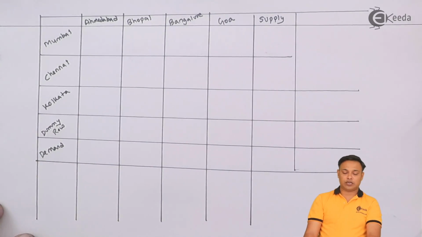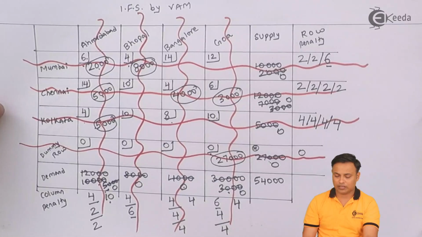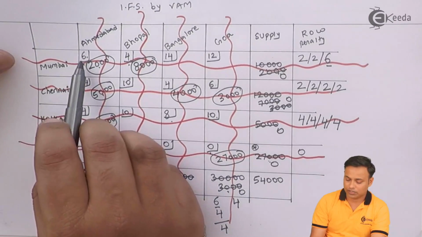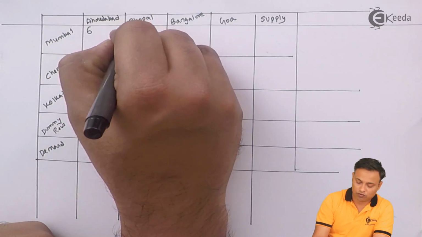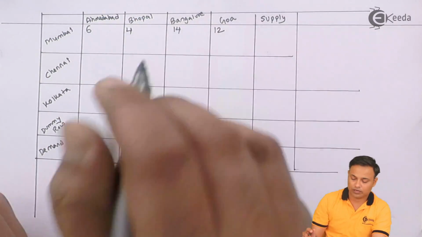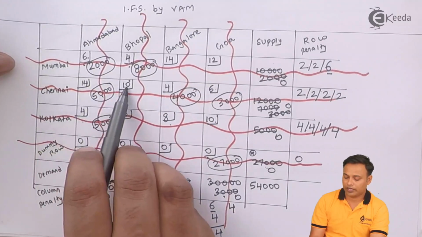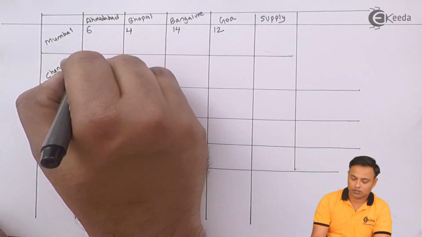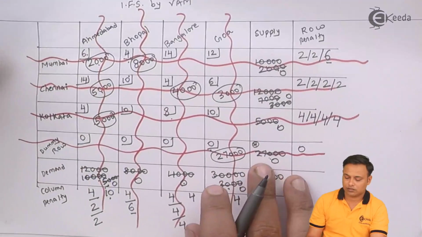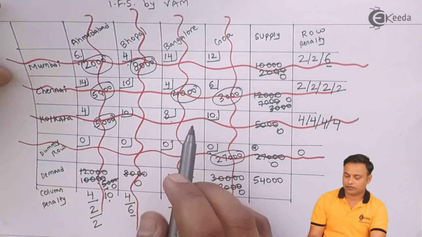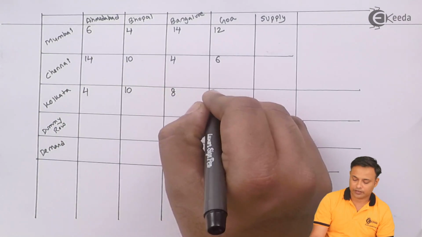So what are the numbers? Let's copy the numbers from the original table. This is my initial feasible solution obtained by the WAM method. Here are my numbers: 6, 4, 14 and 12. 14, 10, 4 and 6. 4, 10, 8, 10.